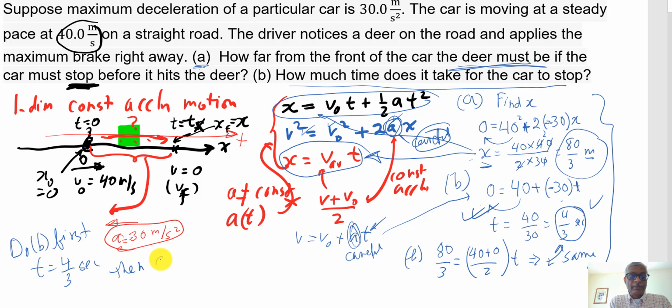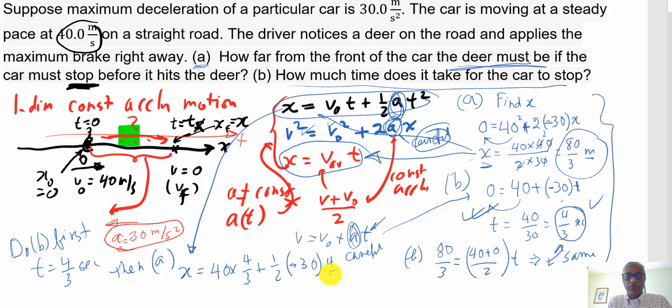Then A using this equation: x equals 40 times 4 over 3 plus half a, where again the sign is very important, minus 30, times 4 over 3 squared. If you simplify, you should get the same answer, 80 over 3 meters.